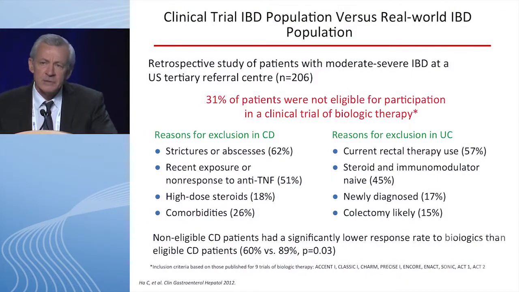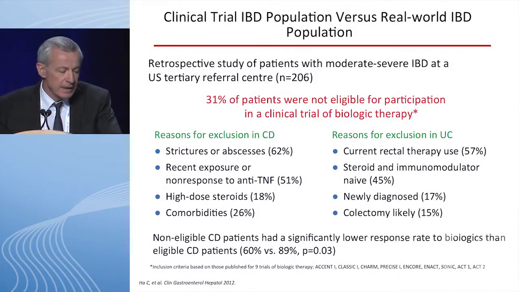So this is an interesting study done at Mount Sinai by Christina A. and Asher Kornblut, because they already had the feeling that maybe patients in clinical trials do not always reflect clinical practice. This is a retrospective study of patients with moderate to severe IBD, and they asked the question: of all those consecutive patients, do they meet all the criteria to be included in clinical trials?